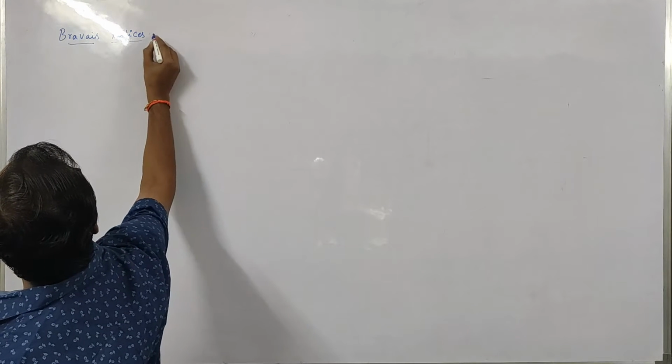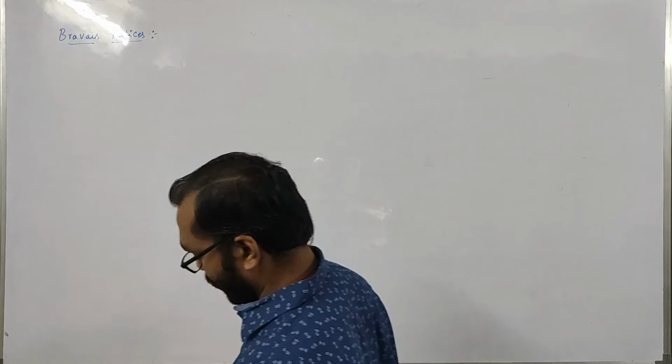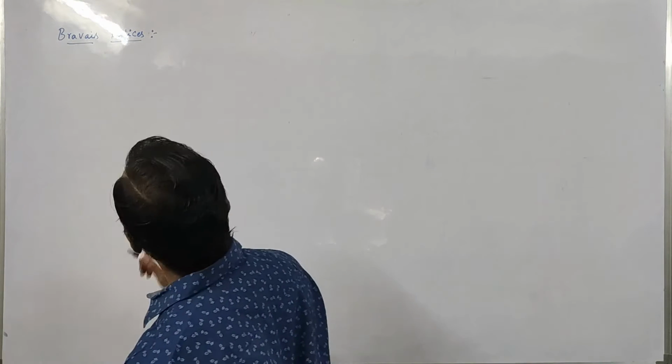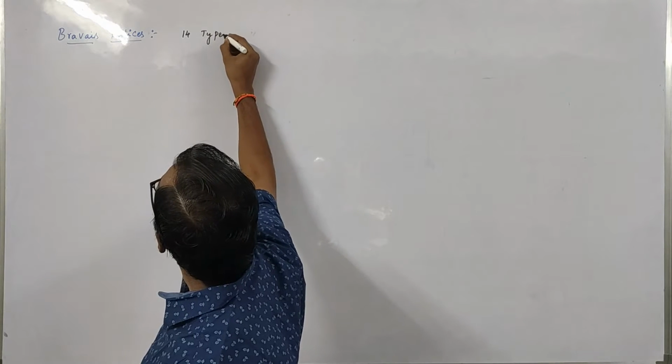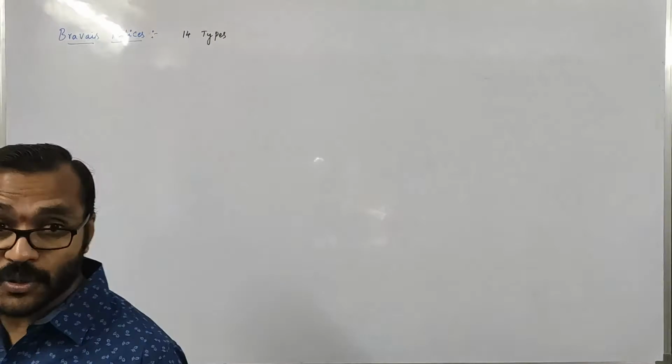How many types of Bravais lattices are there? 14 types. How have we classified them as 14 types? Based upon the types of unit cells forming that particular crystal lattice.